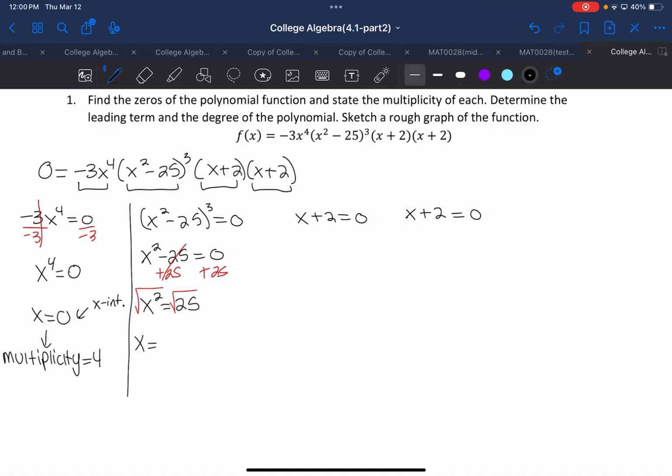Negative 5, plus or minus 5. So that actually gave me 2 zeros. So this is 2 x-intercepts. The multiplicity of both of these would be 3.